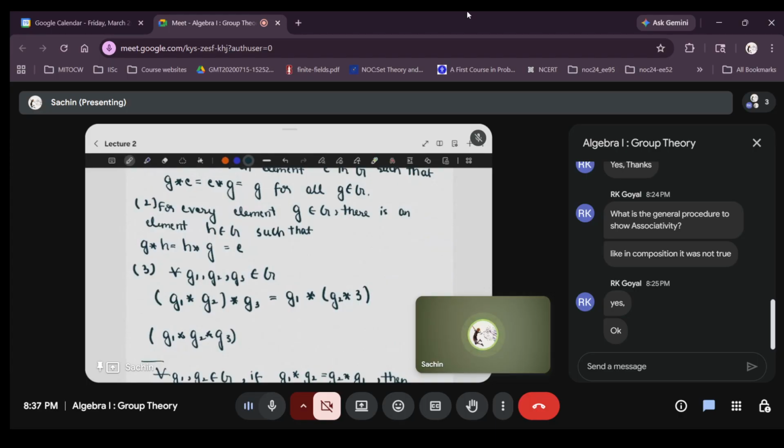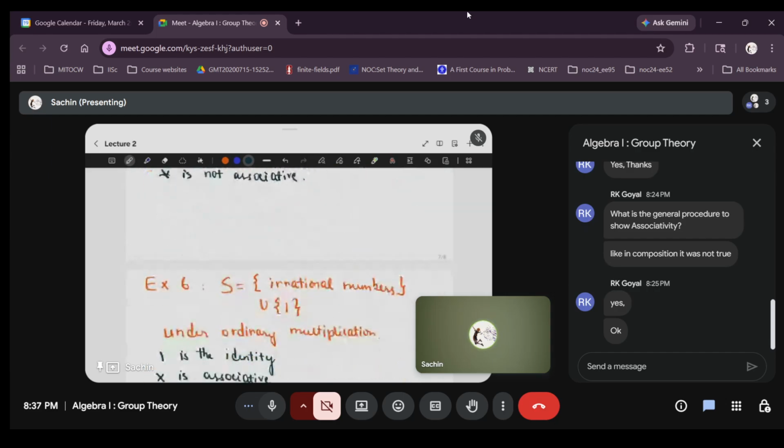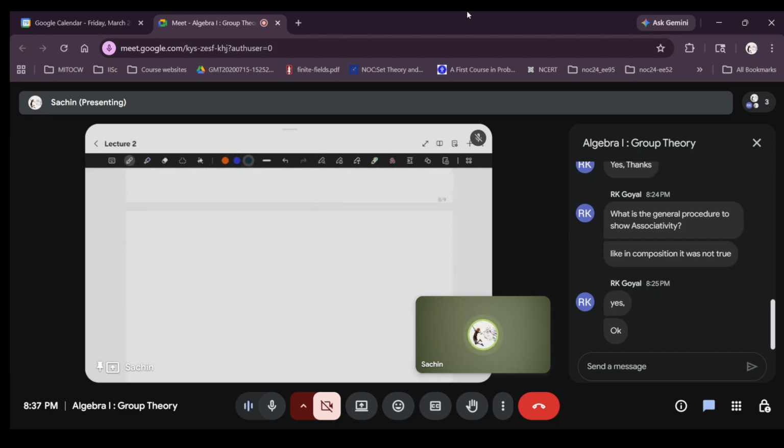So since we have separated that out, that means that there are groups where the operation is not commutative. One example is the composition of functions, which is not commutative.